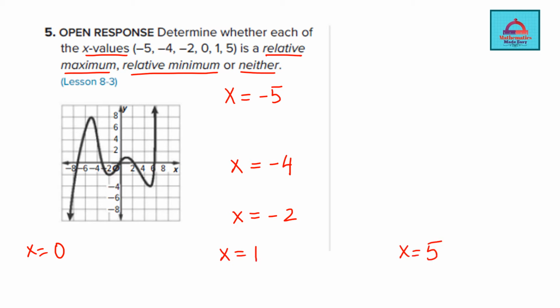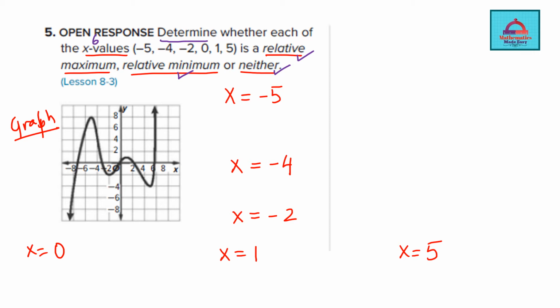Now you're also given the graph in this question. So we are going to use this graph for completing the solution. What we need to do here, let's understand. You need to determine, out of these 6 x values which are given to you, which one is a relative maxima, which one is a relative minima, and which one is neither relative maxima nor relative minima.